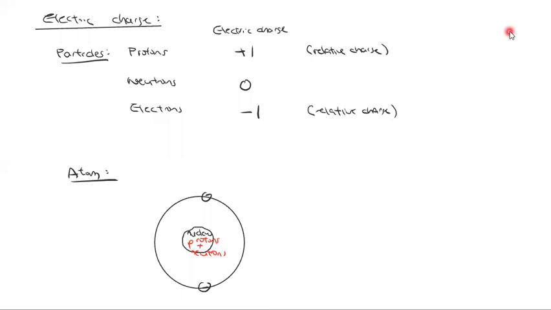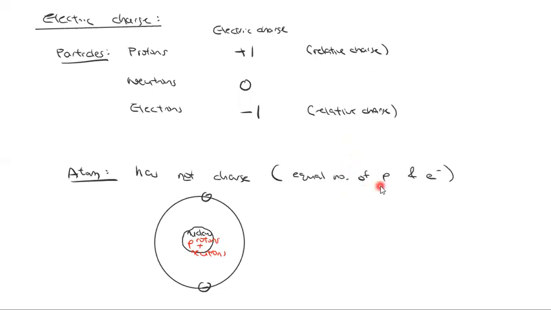So an atom has no net charge, and that's because it's got an equal number of protons and electrons. And neutrons we don't really care about in the case of charges, because they're simply uncharged. It does make a difference for mass.